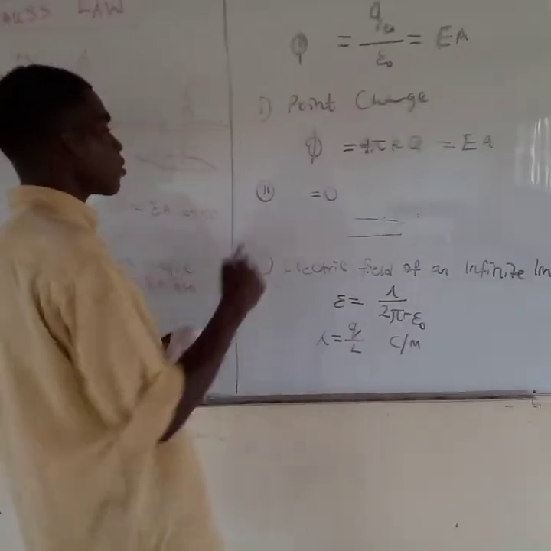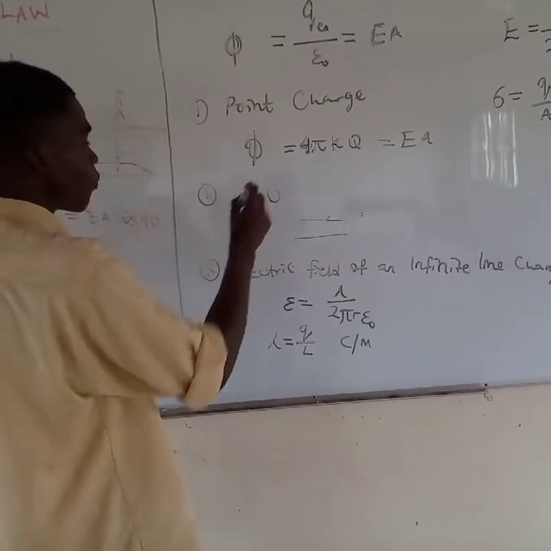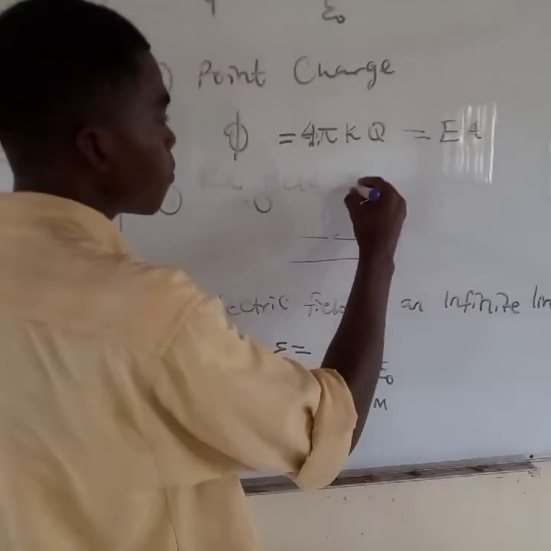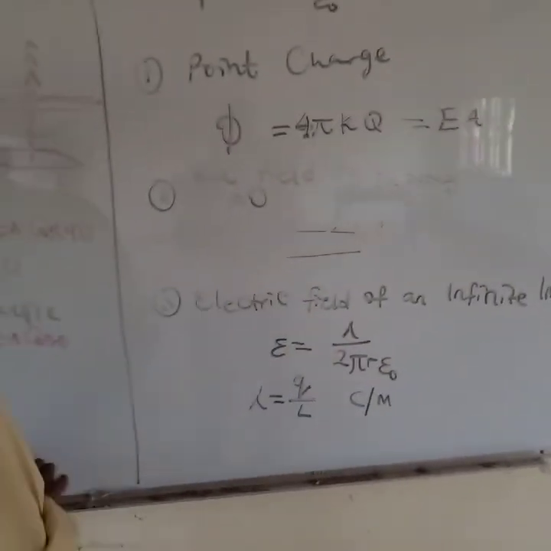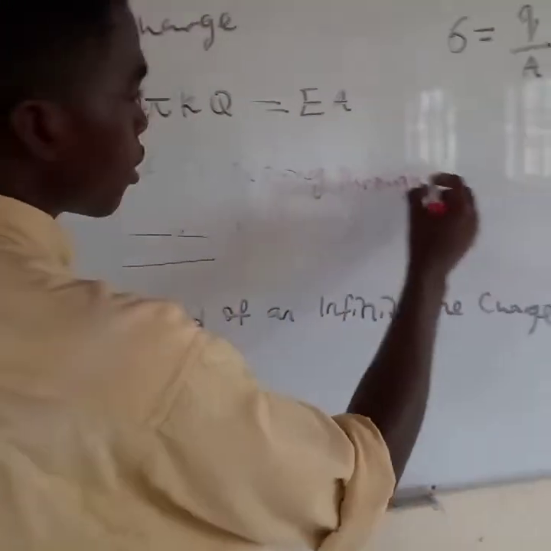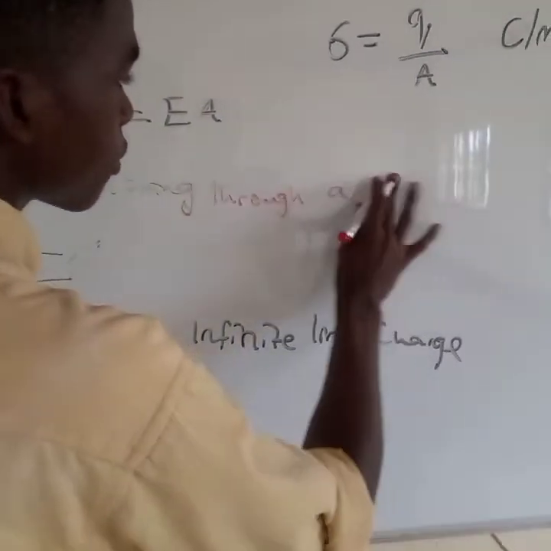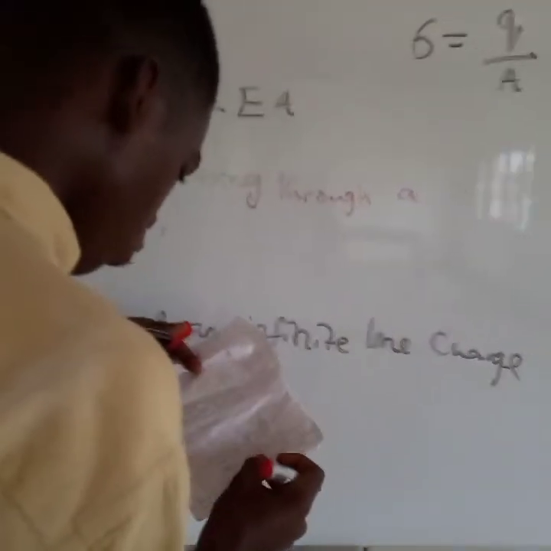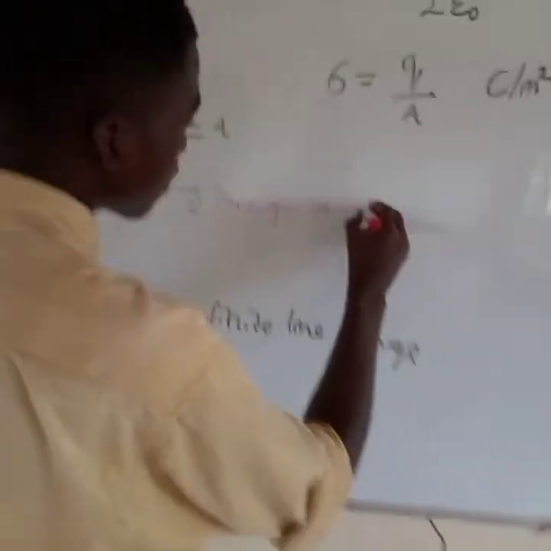Now, point 2 is when the field is passing through an enclosed conductor or a Gaussian surface.